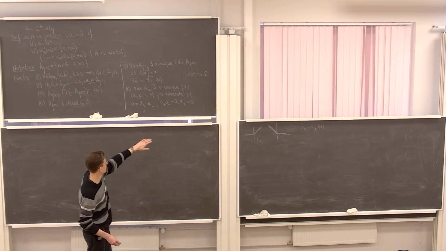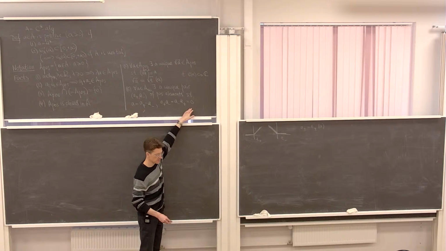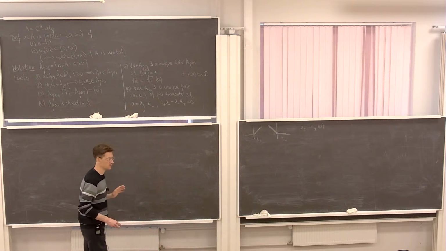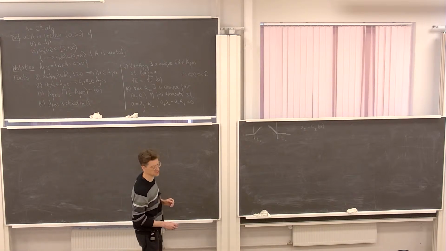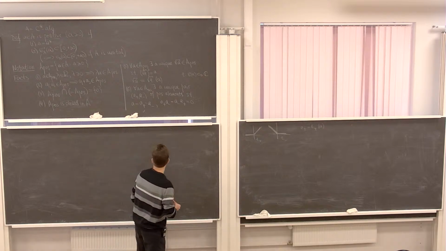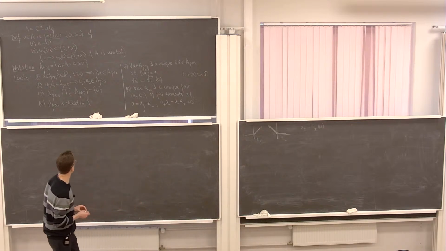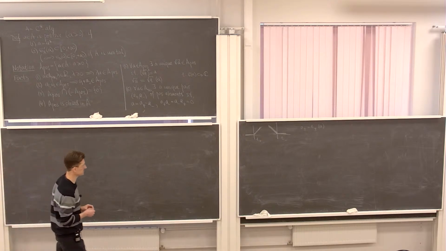In fact, it's rather obvious that these two elements satisfy these conditions. So what is not entirely obvious, and this was proved at the previous lecture, is that such a pair is unique. It is unique. Okay, so this is a summary of what we already know about positive elements.